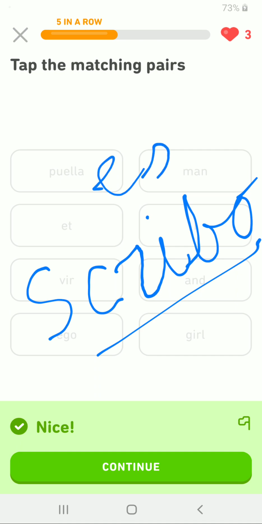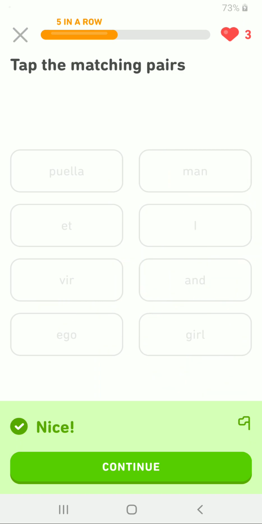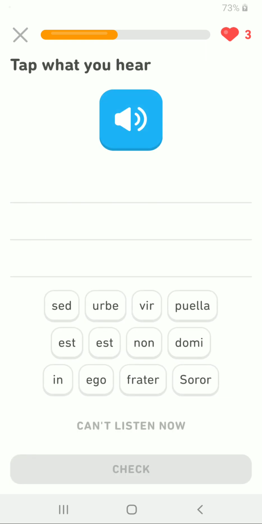Scribis is you, and scribit is he and she. And then you have dormit. We have seen dormit, and yeah, well, we have to try to conjugate.